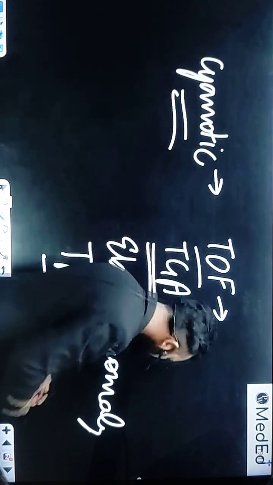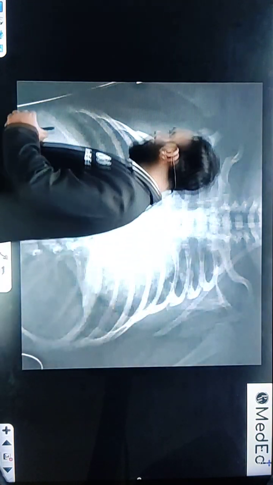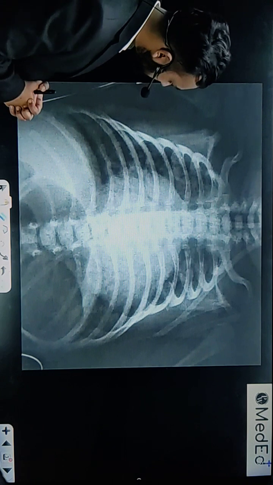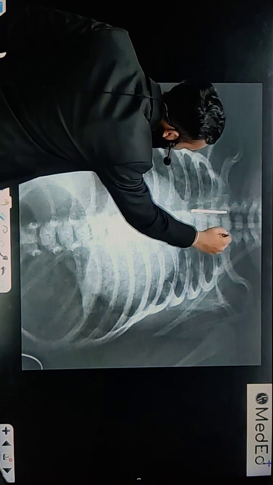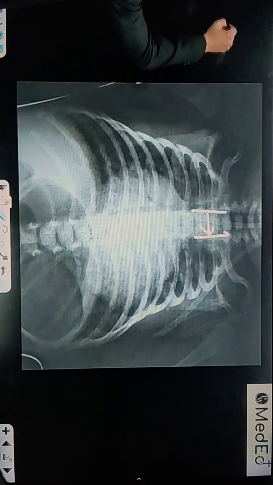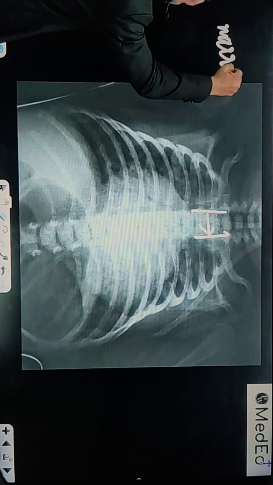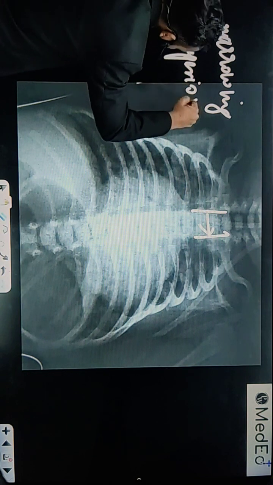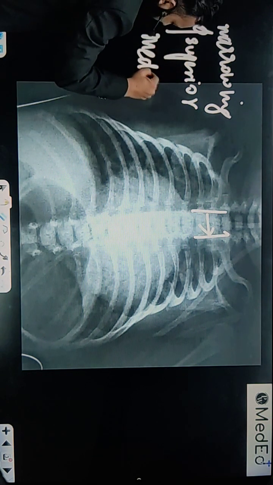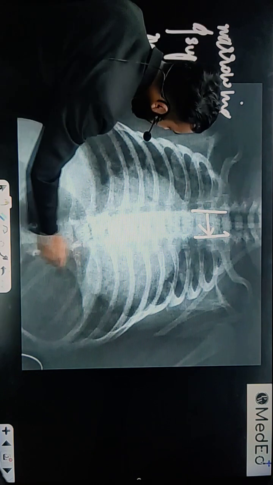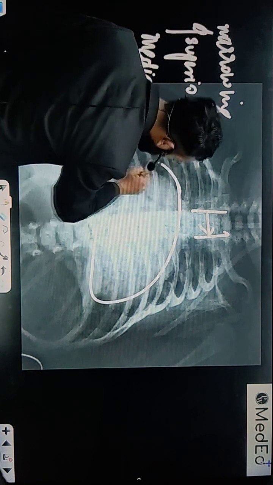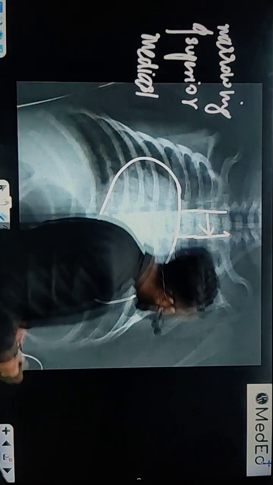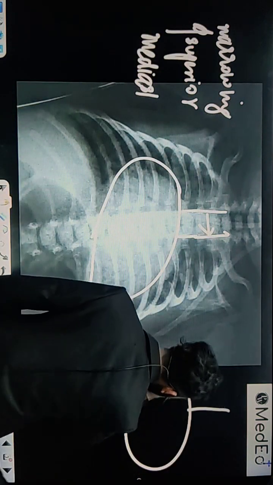Okay, so let us begin with the first image. Guys, what do you see in the first image? If you look at the mediastinum, there is narrowing of the superior mediastinum, and we can see that the heart is enlarged, and it looks as if an egg is lying on a string.